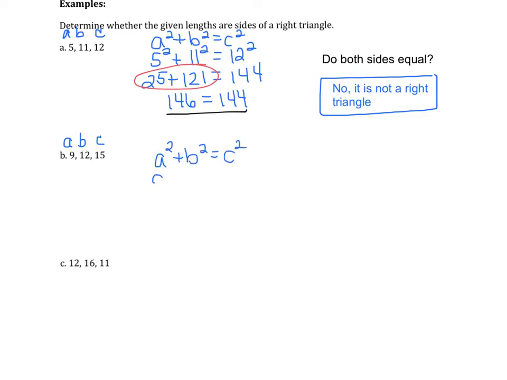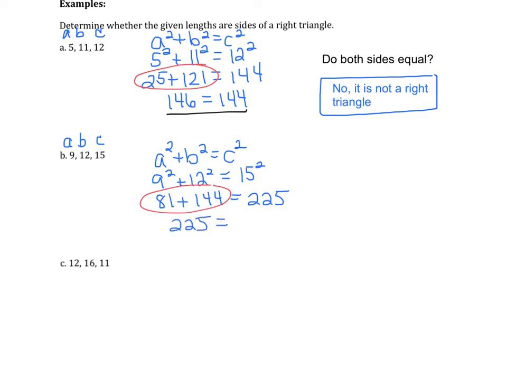Our a is 9, so you have 9 squared plus 12 squared equals 15 squared. 9 squared is 81, plus 12 squared is 144, equals 15 squared, which is 225. You want to add 81 and 144, and that's going to give you 225 equals 225.